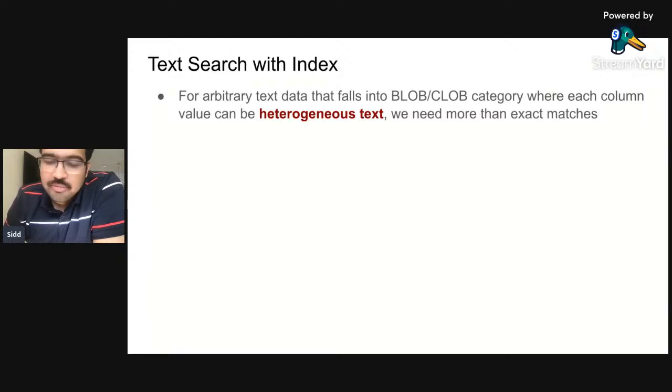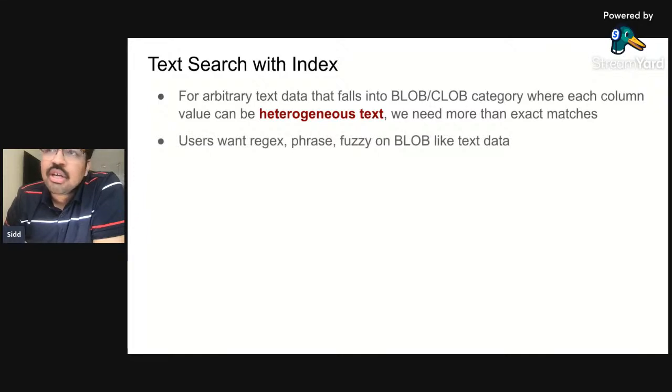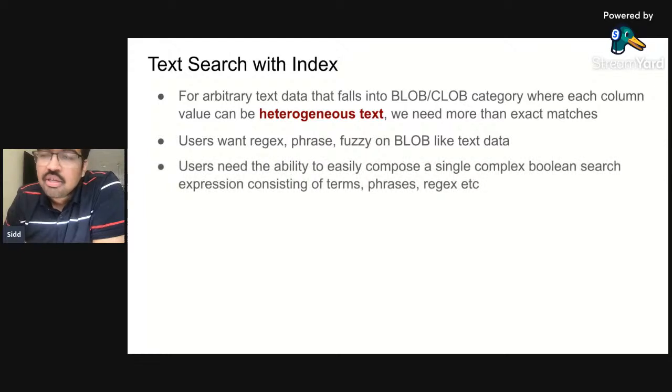On this kind of data, users typically want regex, phrase, and fuzzy search. Regex is regular expression search. Phrase is combining multiple terms, where you want those terms to match in the exact same order as specified in your search expression. And fuzzy is more like an edit distance search, something similar to spelling correction.